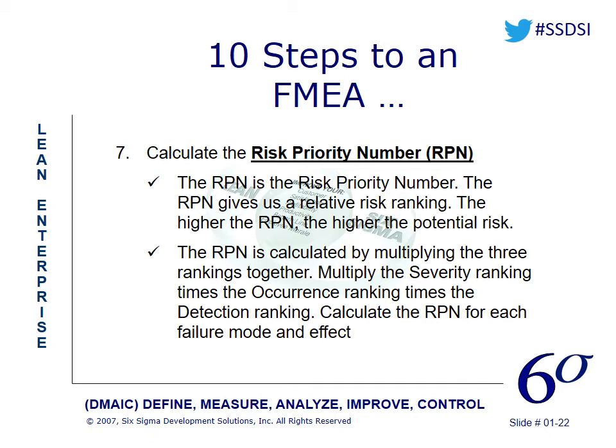So this really is the end of the analyze phase when it comes to the qualitative analysis. In Six Sigma, we're also going to use quantitative analysis. We're going to use multivariate testing, hypothesis testing, statistical analysis to understand where the data is going to lead us when it comes to these significant inputs that really affect the output.